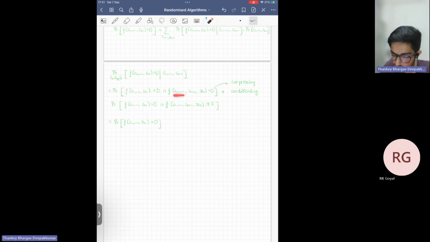If f of x is zero, then this is always going to be zero, right? So this implies this, so I can just replace this by this, because whenever this happens, this would always happen. So A intersection B just becomes B, because A is larger. Okay, so that's the first part.